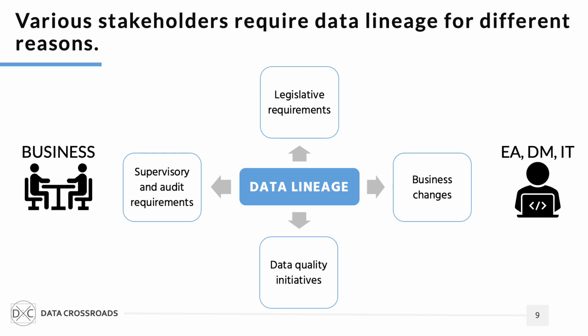The third reason is data quality initiatives. A lot of companies start their data management initiatives with focusing on the resolution of data quality issues. There are two key tasks in data quality. The first task is the resolution of data quality issues.